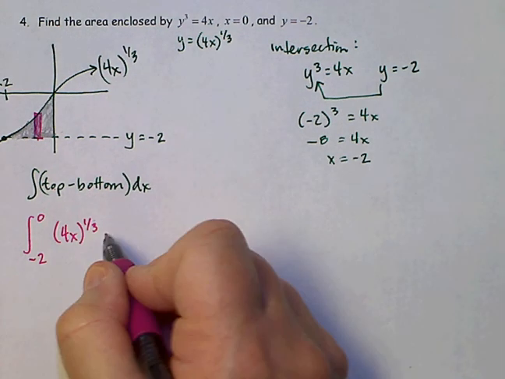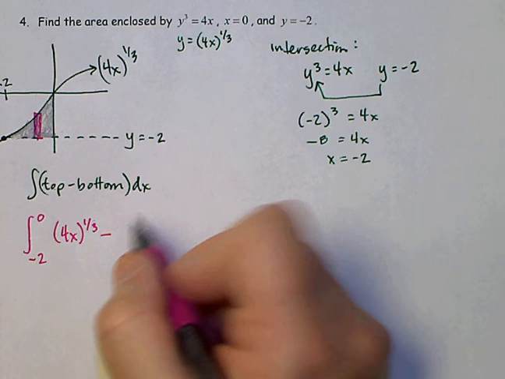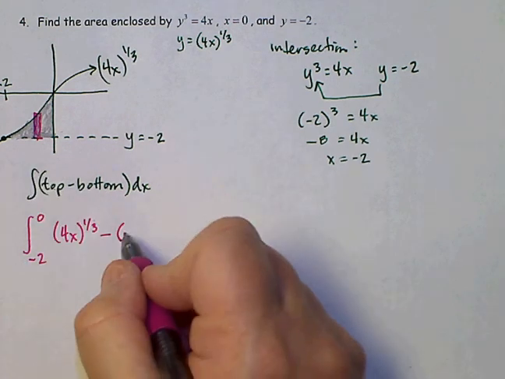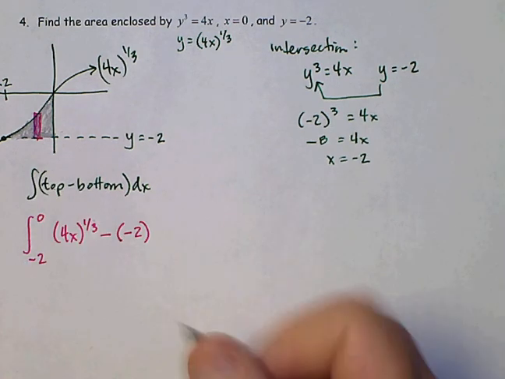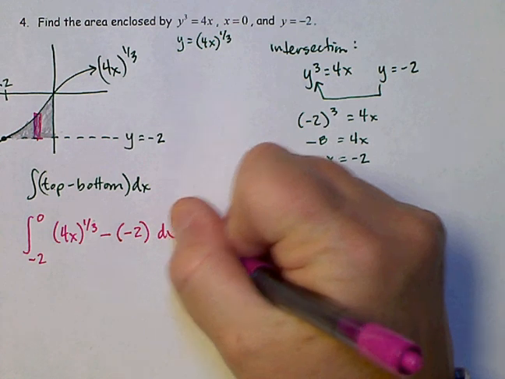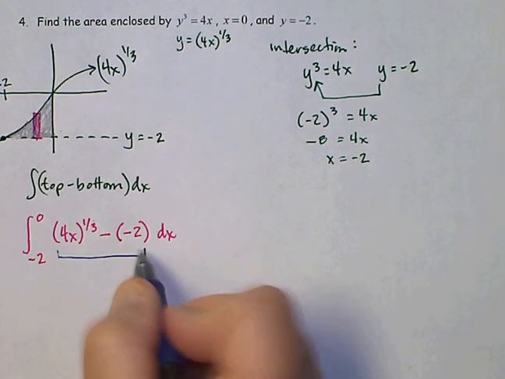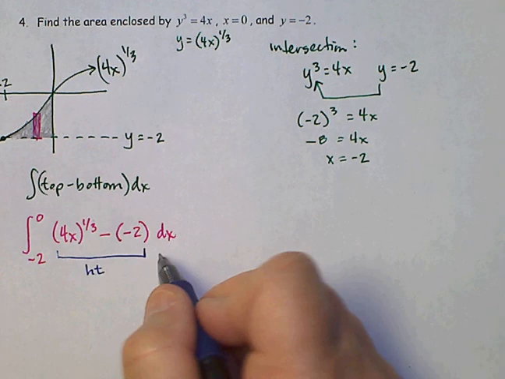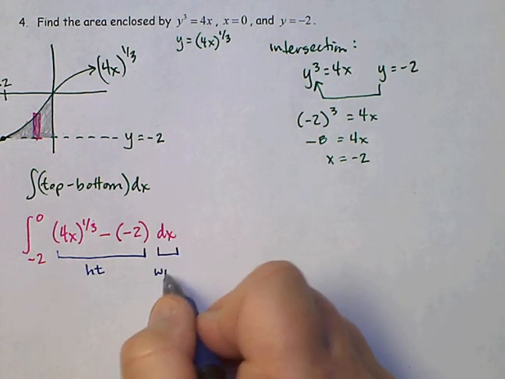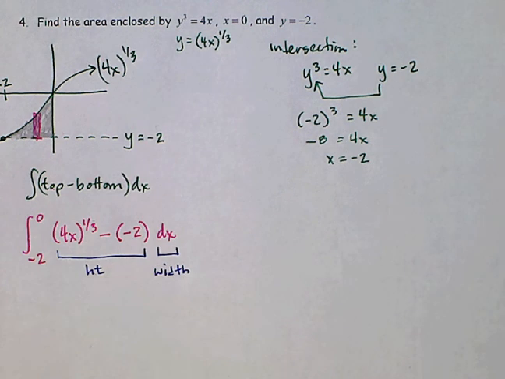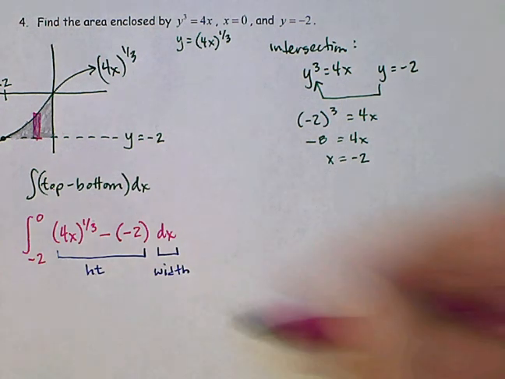So 4x to the 1/3 power minus this function, which is negative 2. Watch those negative signs there. dx. So just as a reminder here, remember this is the height of the rectangle. This is the width. So we're just summing up a whole bunch of rectangles there.